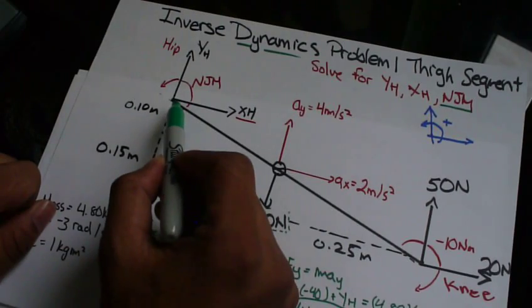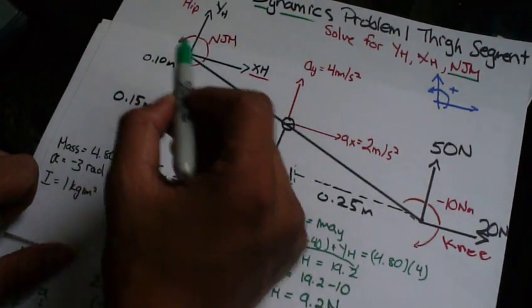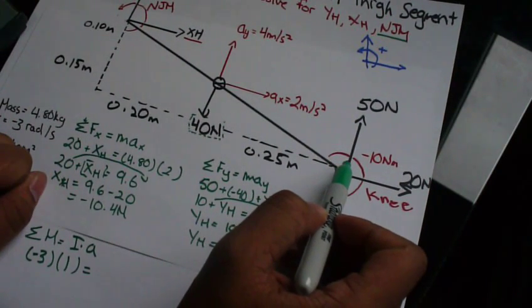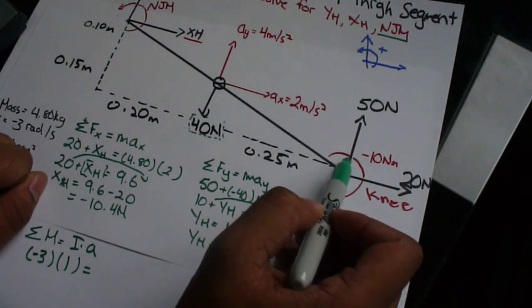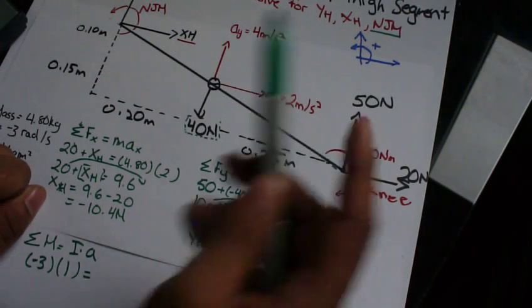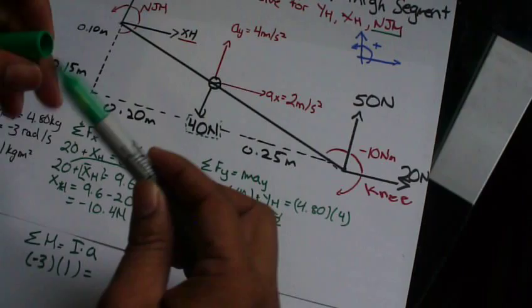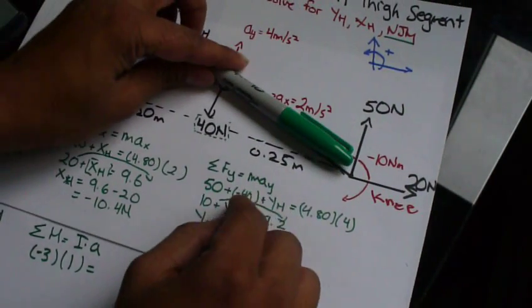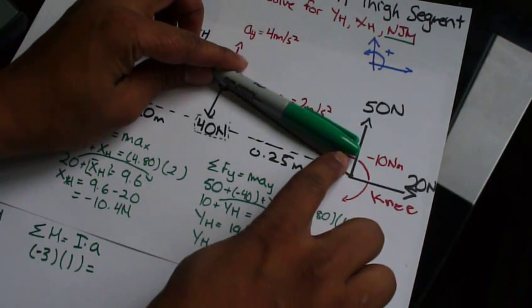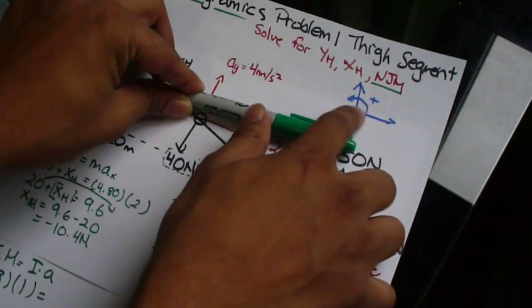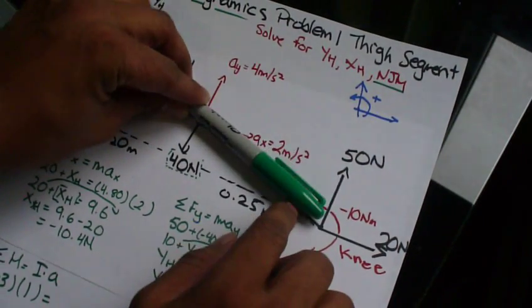So for example, if we're taking first into account this force, the 50 Newton, it's pointing up. So take your pen. This is a very effective method. If you're applying a force up, it's creating a positive moment. Bam.